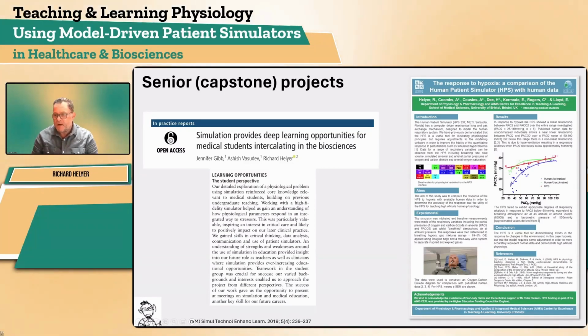One slightly different direction that our scenarios go in, and we use our simulation rather, is in senior projects. These are projects that are carried out usually in the final year of a bachelor's degree, sometimes by medical students or other students like vets or dentists who are joining us for a year.